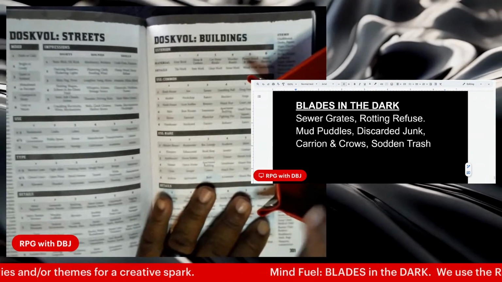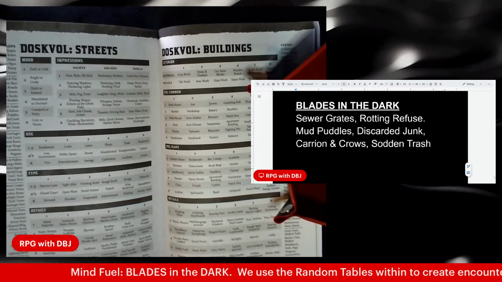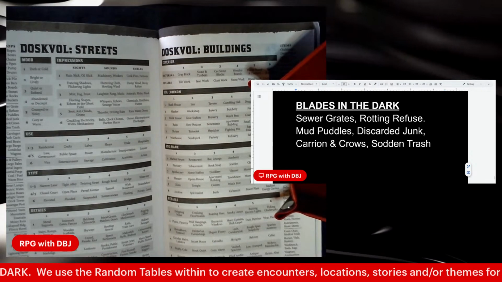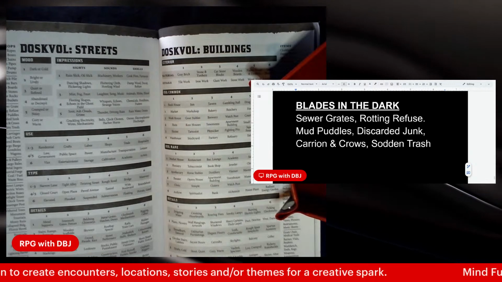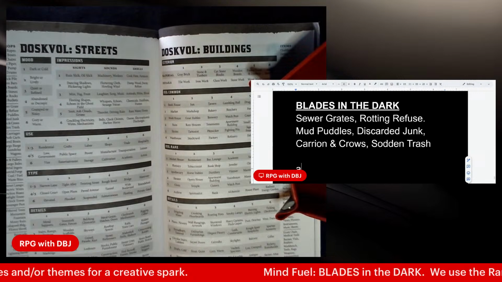All right, we like to roll some dice around here, so we're definitely going to add to this. Let's roll a die and add it to our mood. And I rolled a 4, so we've got abandoned or decrepit. We're going to add that to our document.